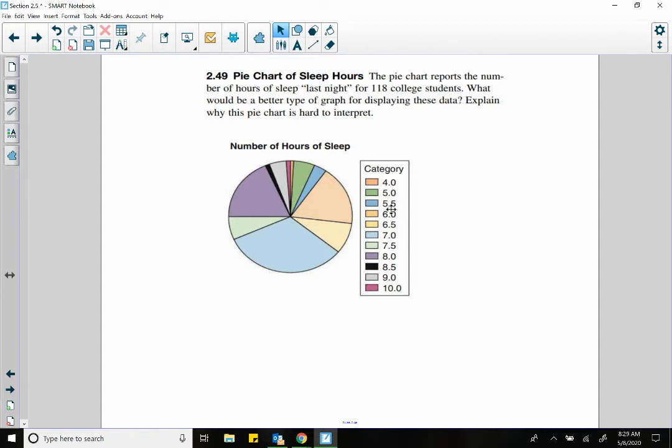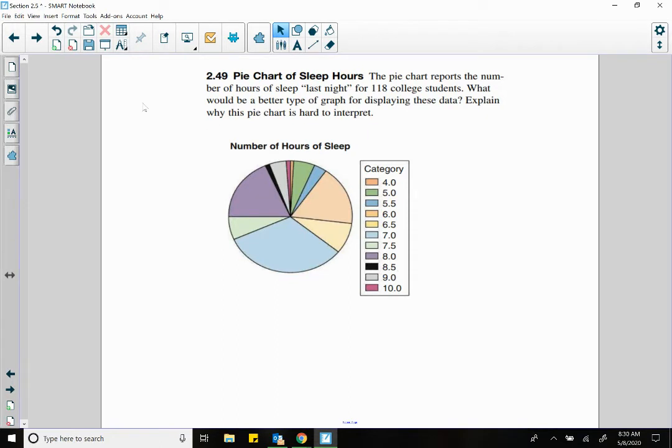Does it go into a certain column and things like that? So a histogram would have been a better display of this, because we're working with numerical data, okay, not categorical. This person put categories here because these are probably the different answers he got, but it's really numerical because you can count up how many hours you slept.